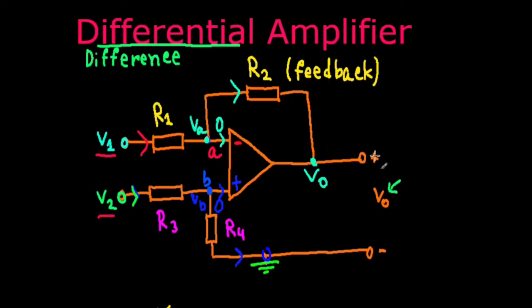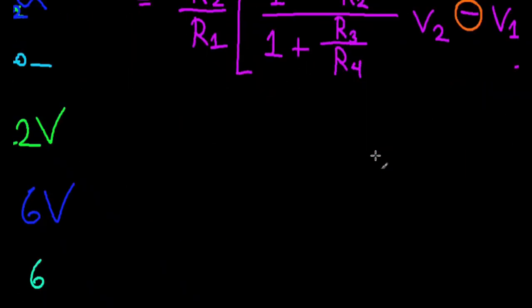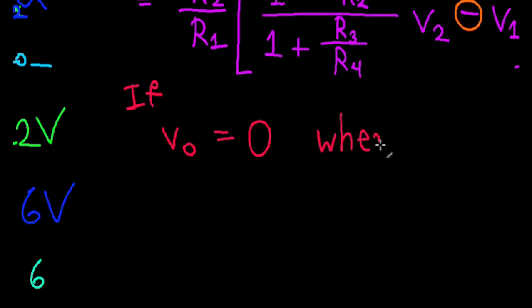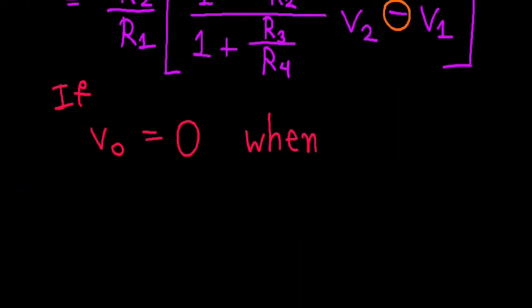If we necessarily need the output to be zero, I'll write that down: if we necessarily need V output to be zero when our two input voltages are zero, well, supply voltages are zero, and this is required for many systems.